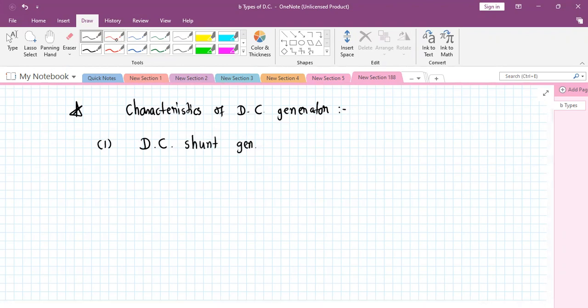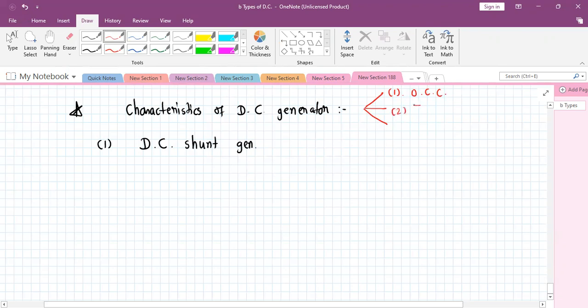Now see, whenever we discuss the characteristics, there are basically three characteristics. First one is called OCC, open circuit characteristic. Second is called internal characteristic, and third one is called external. Whether it is a DC shunt or a DC series, you have to discuss all these three characteristics.